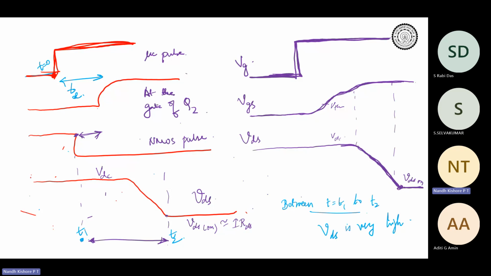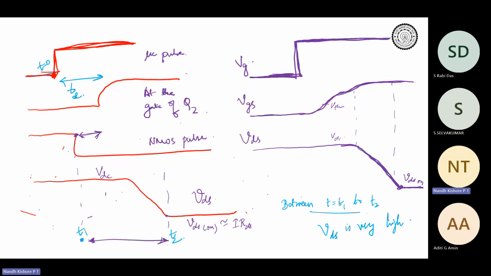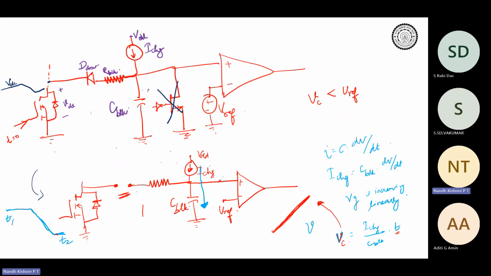From the instant at which the device is turned on, I want to check for protection always. But due to the constraint in the device voltage, that is VDS being very high, and VDS falling only after a certain period of time, the protection circuitry is going to come into play only after T2. Whereas we had given the gate pulses from the microcontroller at t equal to 0 itself, and the device is turned on at t equal to T1.